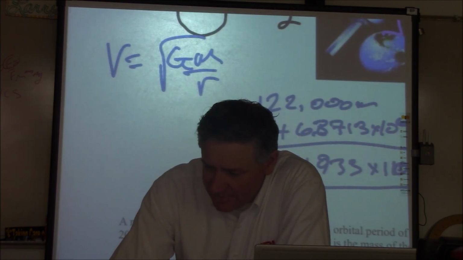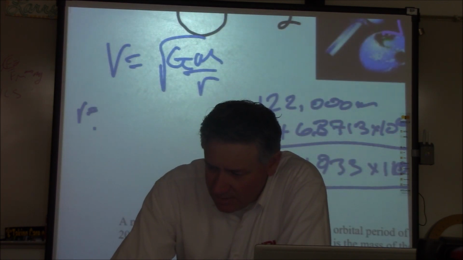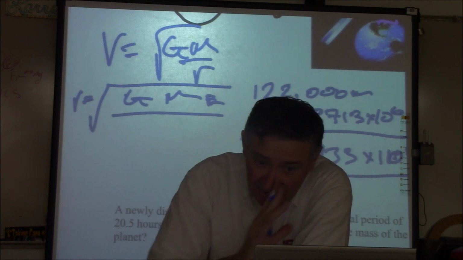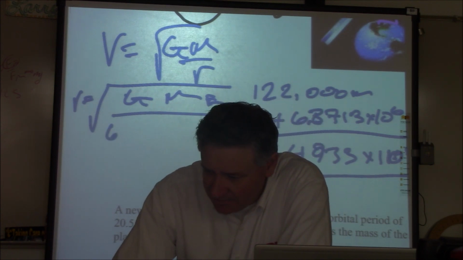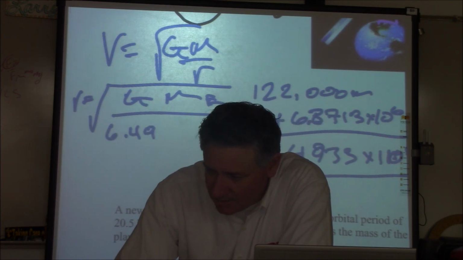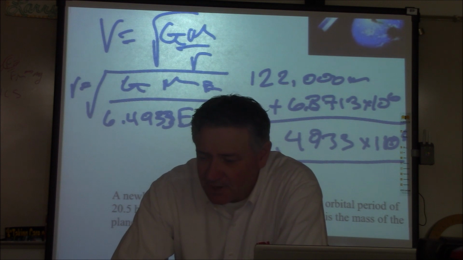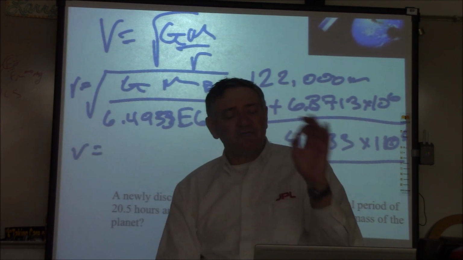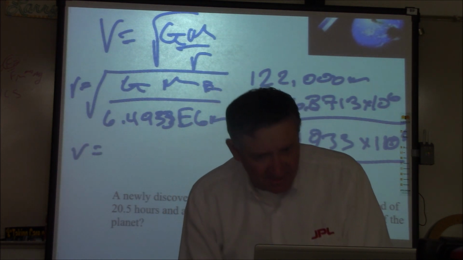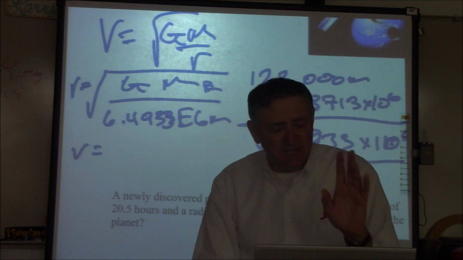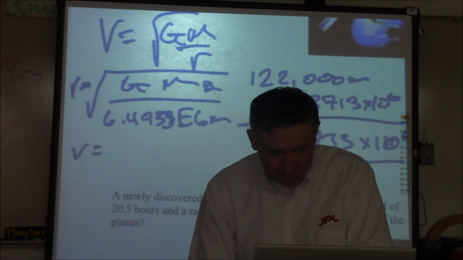We're going to have velocity equal to the square root of big G times the mass of the Earth, and hopefully you have those numbers stored in your calculator, divided by 6.4933 e to the 6th meters. Now, from yesterday, every velocity that you're going to calculate, whether you're orbiting the Earth or orbiting the Moon, should be something times 10 to the 3rd meters per second. Okay?